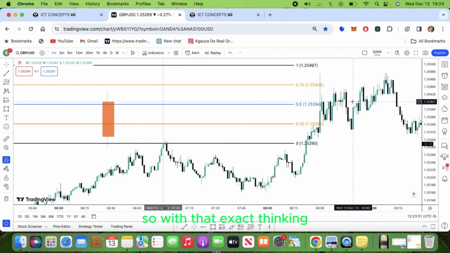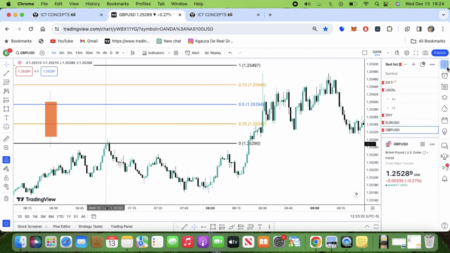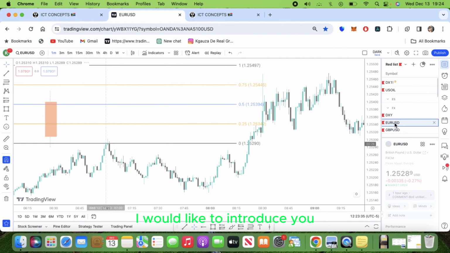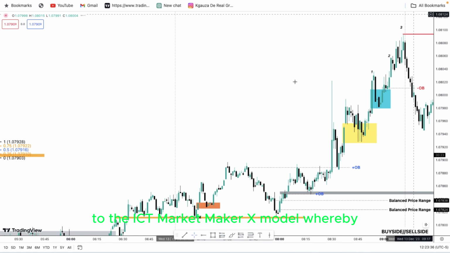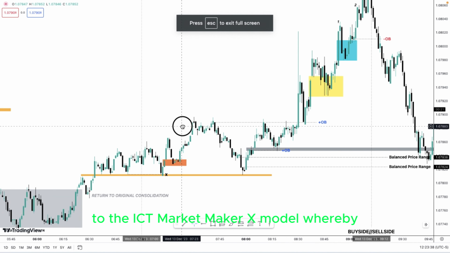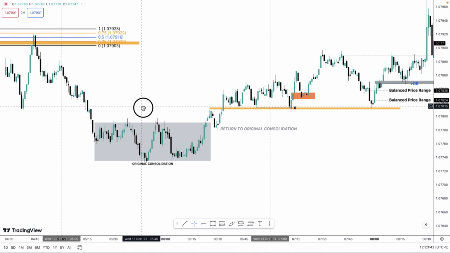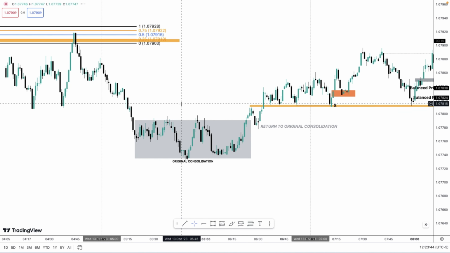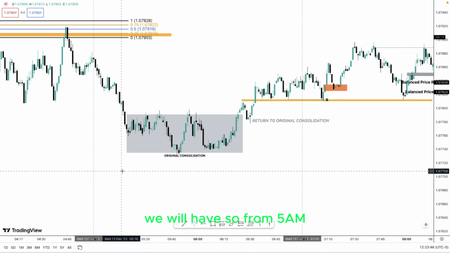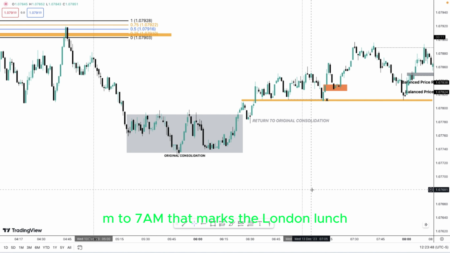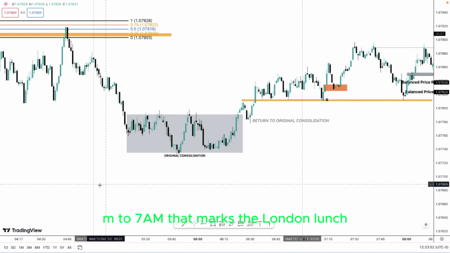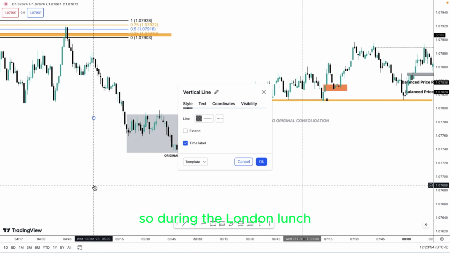So with that exact thinking, I would like to introduce you to the ICT market maker X model, whereby from 5 a.m. to 7 a.m., that marks the London lunch.